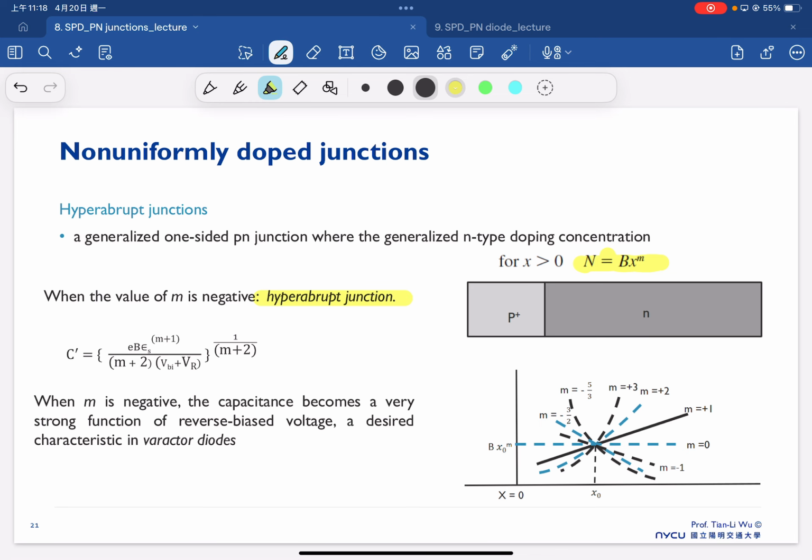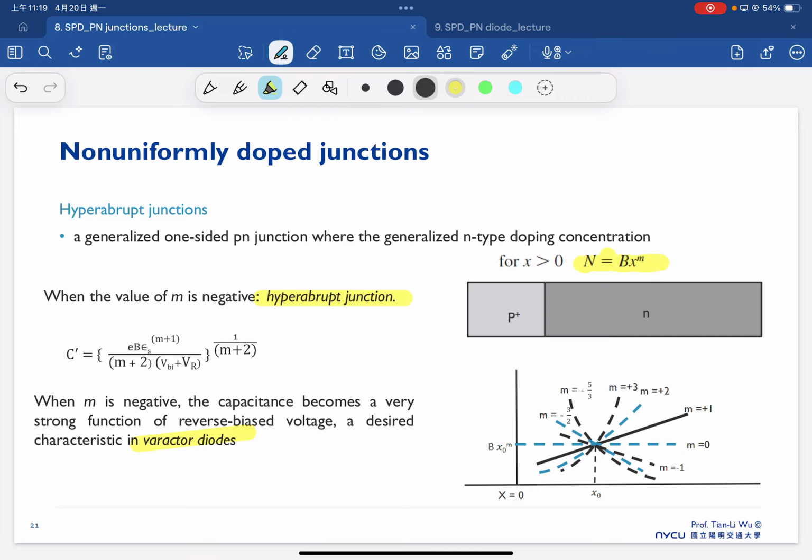This is N equal to B x to the power m, and with all these concentrations, we are able to estimate the C prime, which is the capacitance here, and this is sometimes called varactor diodes. This is just information that you can be aware of.